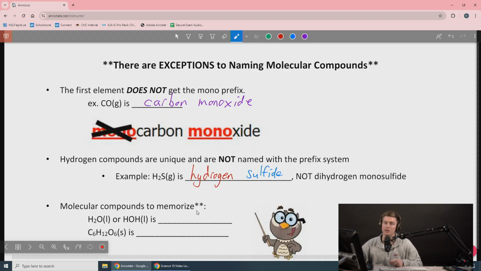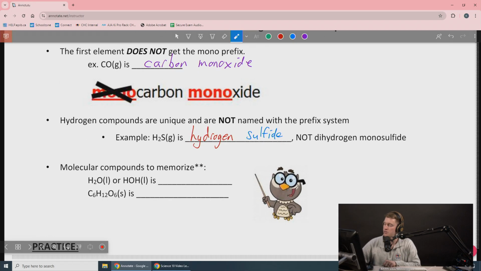There are a few molecular compounds that have common names, and so you're going to use those common names instead of using the prefix system. So we don't actually call this dihydrogen monoxide. Instead, the common name for this compound is water.